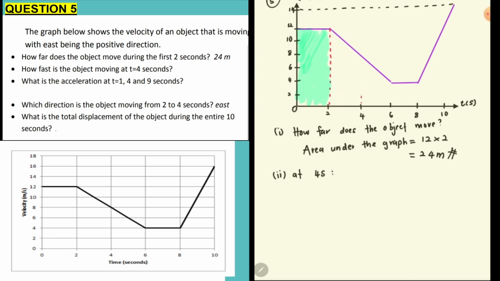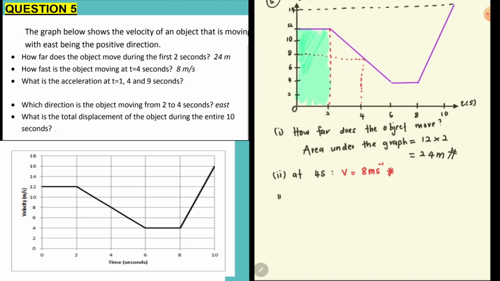So at 4 seconds, V is equal to 8 meter per second. Kita baca je terus.